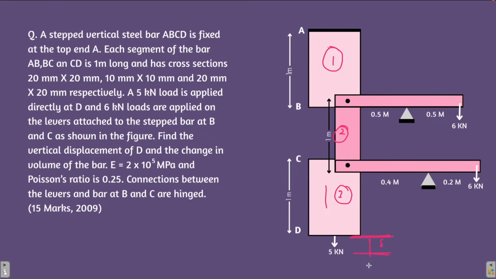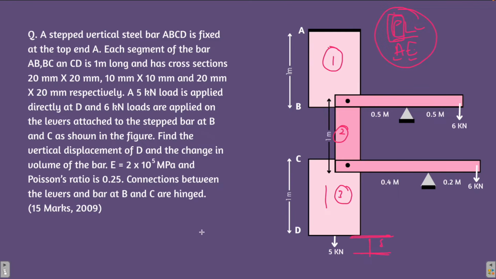But now what do we have to find to get the change in these bars? We are going to use the formula PL by AE in each bar. Now for this, the area of cross section is given to us, E is given to us, L is also given to us for each bar, but what is not given to us is P. The force is not given to us.